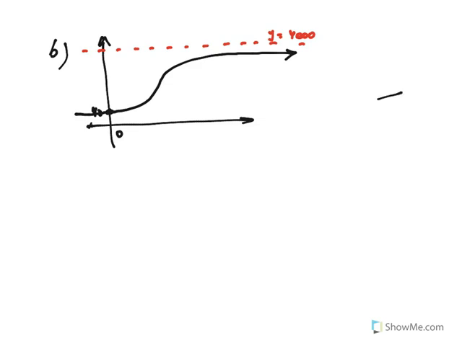Use the model to estimate the population after 15 years. Well, you're allowed to use your calculator, and now you have your equation. So all you have to do is just plug it in, right? So you need to solve for P when t equals 15 years.